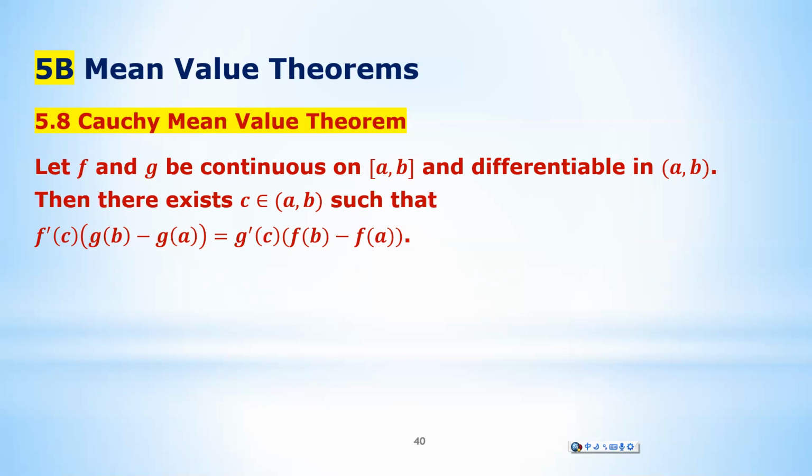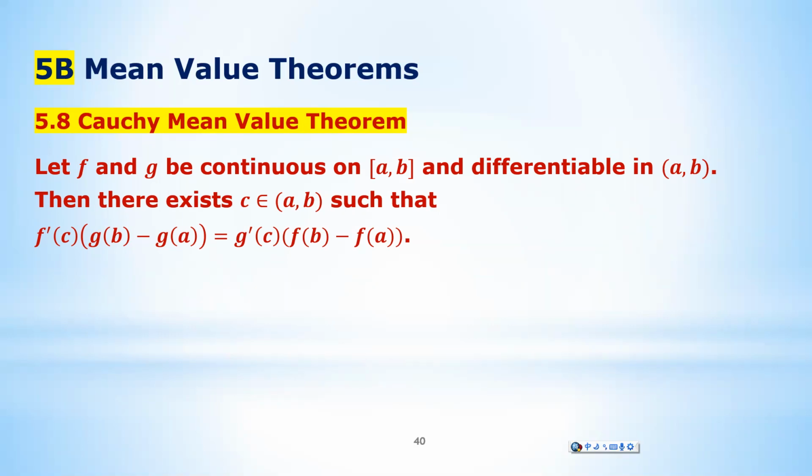On the right side, g prime c, okay? Because g is x, g prime is always equal to 1, no matter what point you choose. So g prime c equals 1. Then the other part is f b minus f a. So if g equals x, then this result simply says that f prime c times (b minus a) equals f b minus f a.